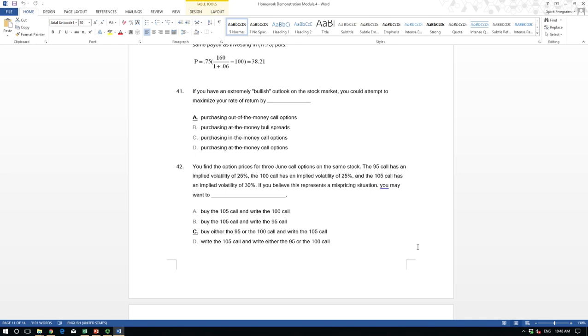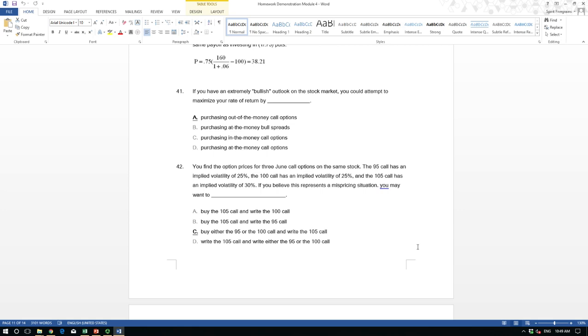It's supposed to be one number, right? So the volatility of 25% could be undervalued, or 30% for the 105 call is overvalued, but it should be the same number. So here it seems that the 105 call tends to be overvalued, and the 95 call and 100 call tend to be undervalued.